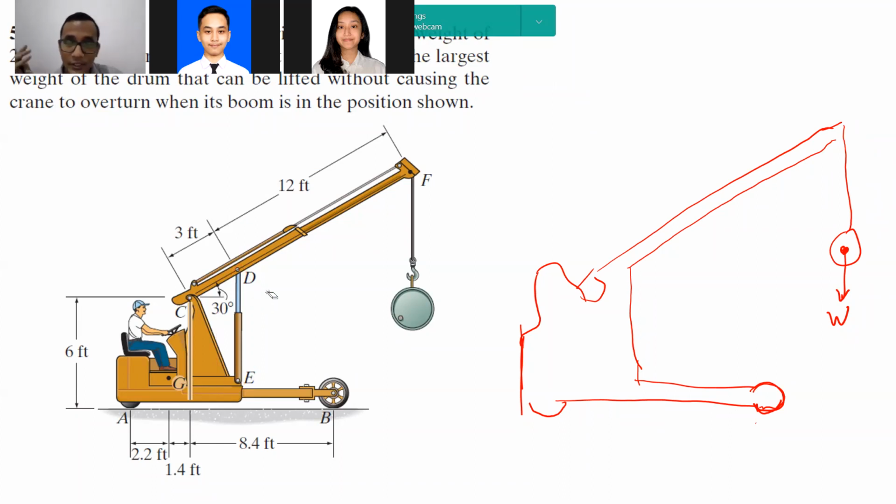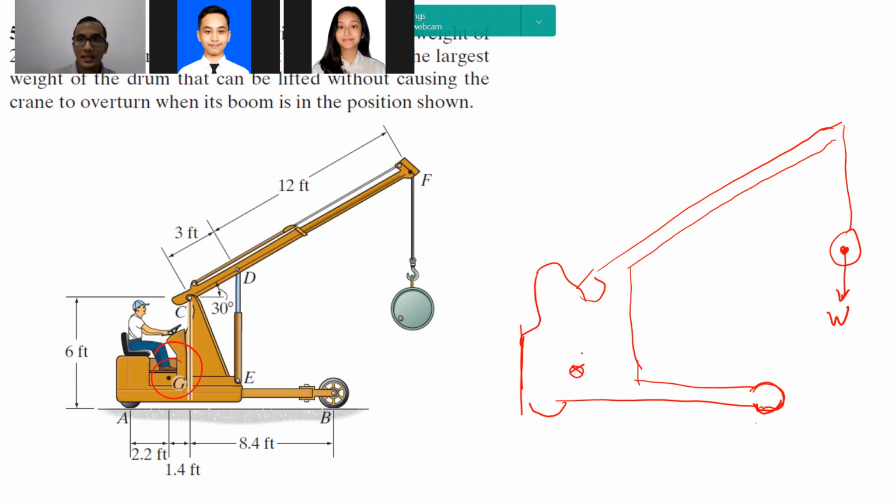Okay, Audrey. So now try to imagine that we have a crane, only the external part of the crane, and we don't care about all the things that happen internally. So we only draw the external force and the weight of the crane only. Besides the weight here, what else do we have as external force? Remember, here we have center of gravity, right?